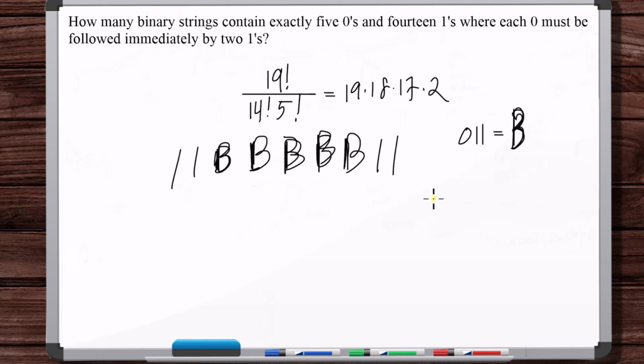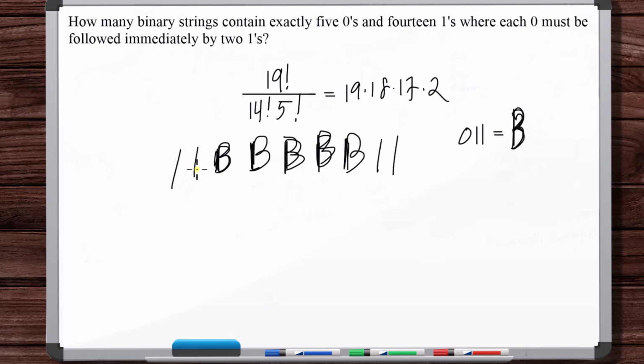And that's it. So is this right? This is 1, 2, 3, 4, 5. That's the 5 zeros, and they're grouped in with the 2 ones. And then all that's left over is 4 more ones. So what we want to do is count the number of ways to arrange the different words that come out of this. That should be right.